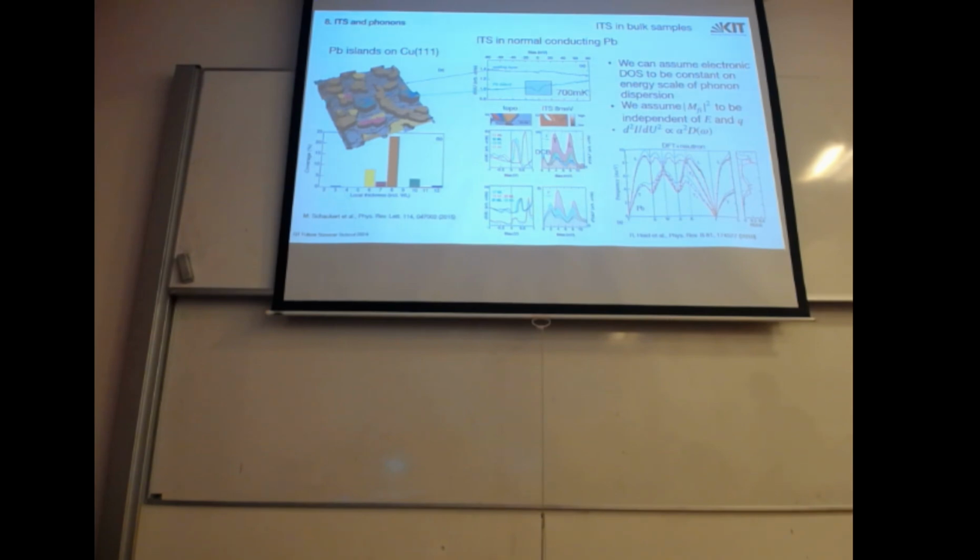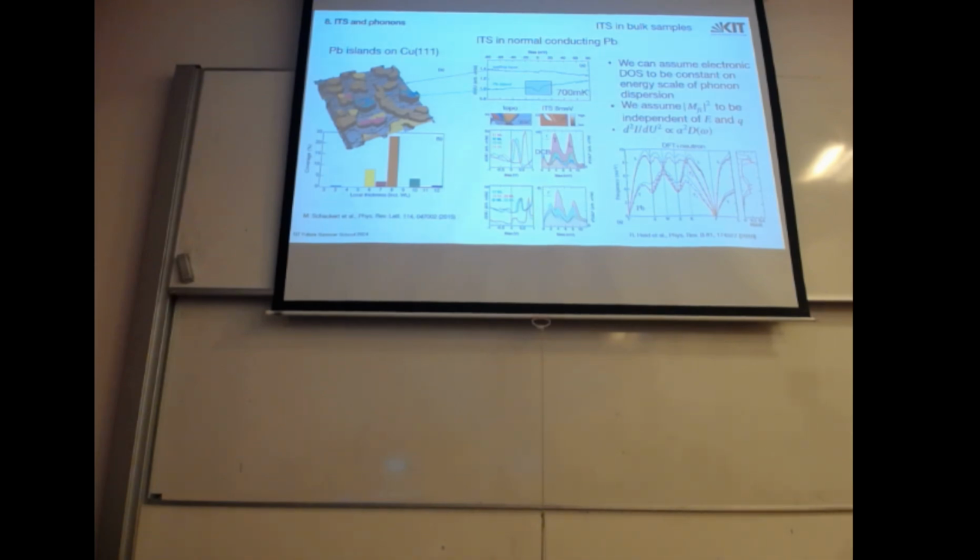Now, what are these? This is the phonon dispersion. Dots are neutron diffraction data, and the solid red line is a relativistic calculation for that. From that, we can actually compute the phonon density of states.